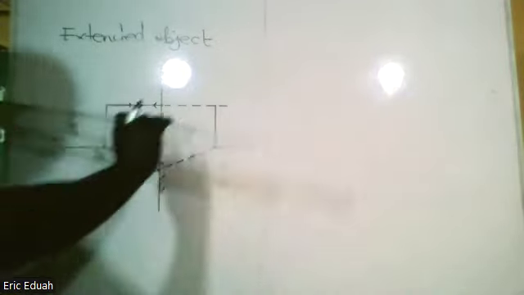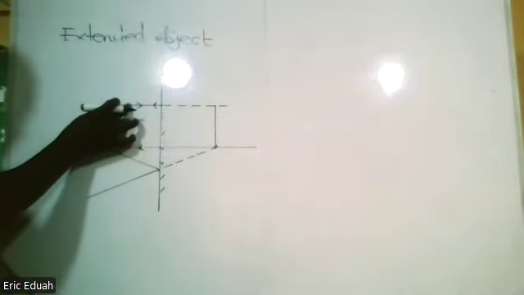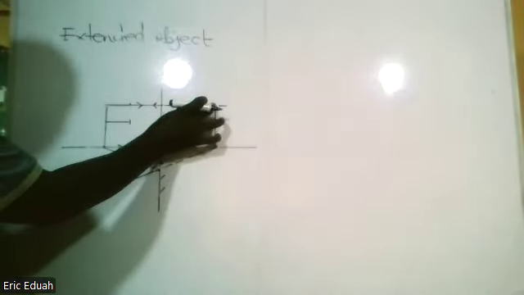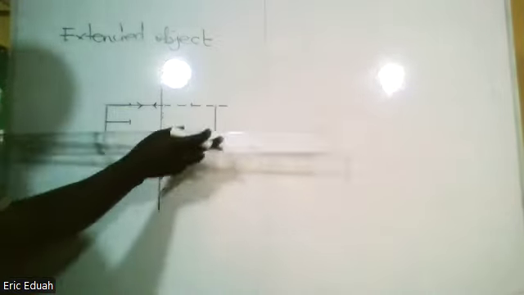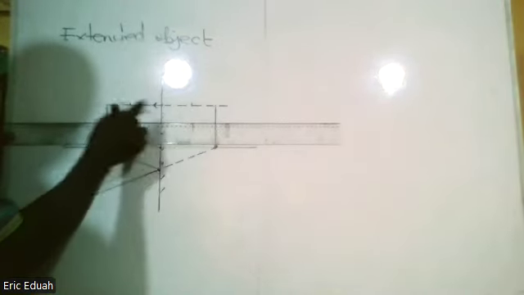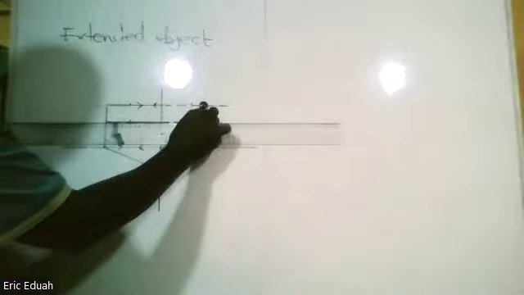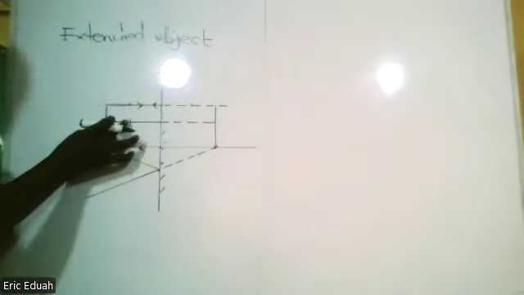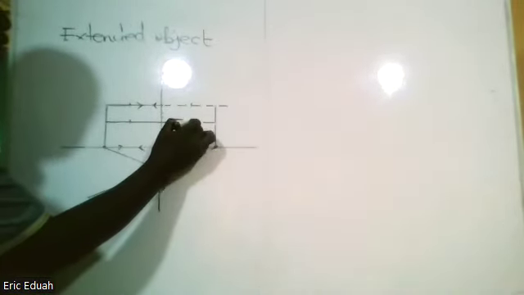And at this position, you can just measure. You can take measurement. This distance must be equal to this distance. Okay. Then another horizontal ray. And this distance must be equal to this distance.